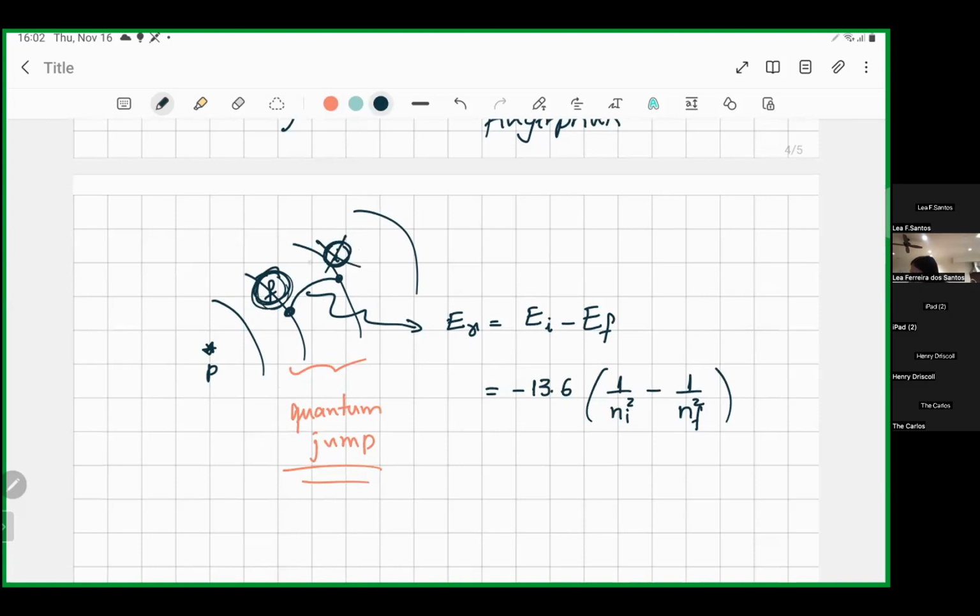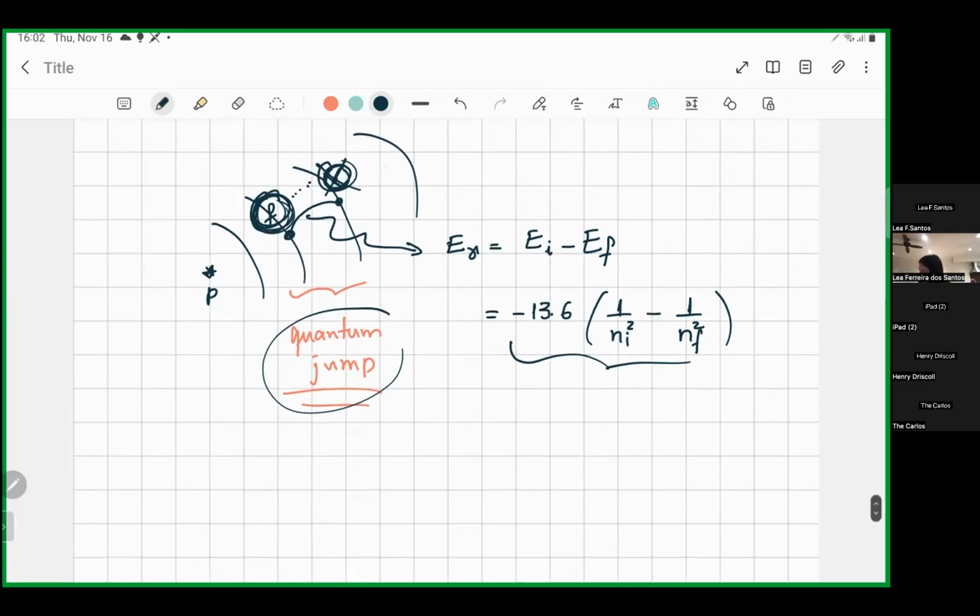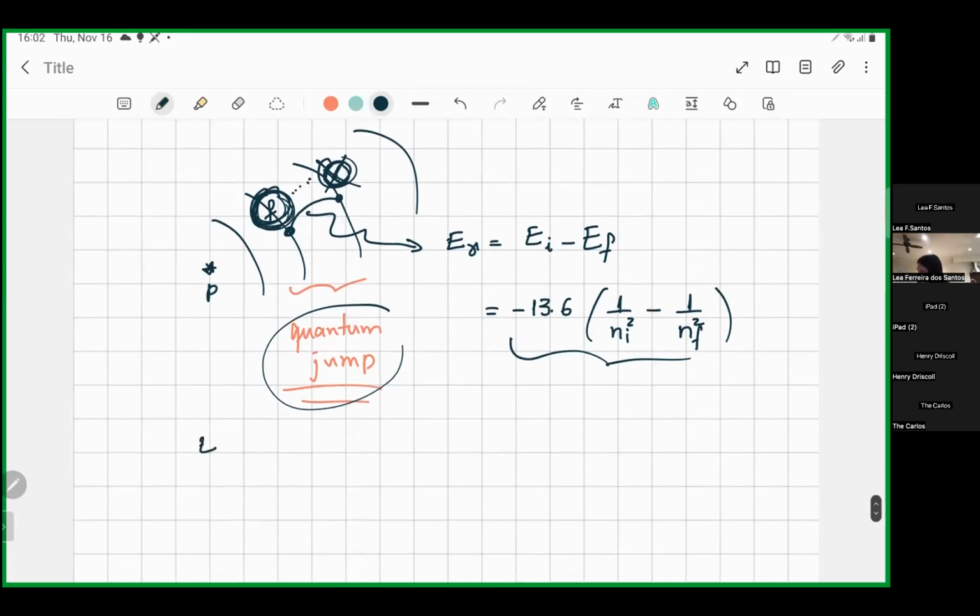It doesn't pass through intermediate states. There are no intermediate states. It disappears from one level and appears in the other. That's what people call a quantum jump, one of those strange properties of quantum mechanics. And when it appears in the other level, it emits this photon with this energy.